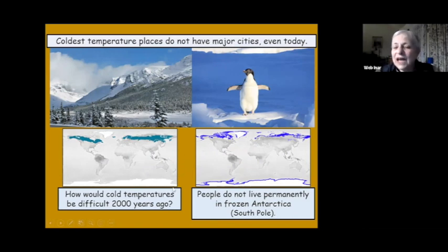Can you imagine trying to have a city of 200,000 people or 1 million people in these really cold places? Very few people live in Antarctica. There certainly are no major cities in Antarctica.